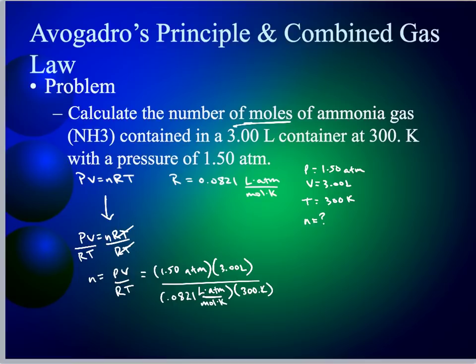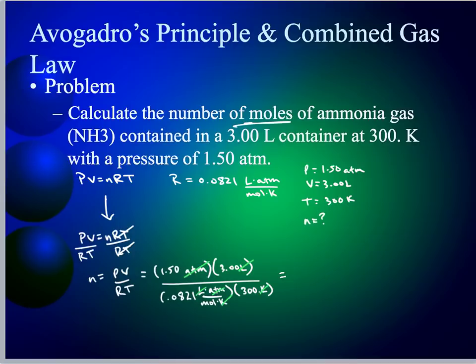You can actually see what happens to the units when I do this. Atmospheres cancels, liters cancels, Kelvin cancels, and since the moles are the denominator of something in a denominator, it flips up to the top, and that would give us the unit of moles. So that's why R has the units that it has.